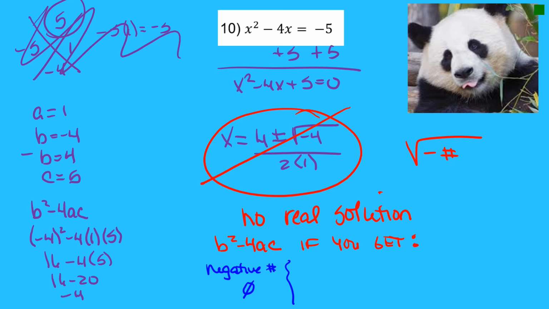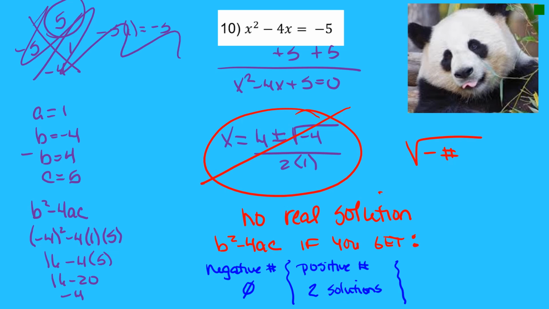Okay? If you get a positive number, your answer will always be 2 solutions. Okay? Could have a square root, might not, but if you look at everything we've done, we got 2 solutions when we had a positive number.